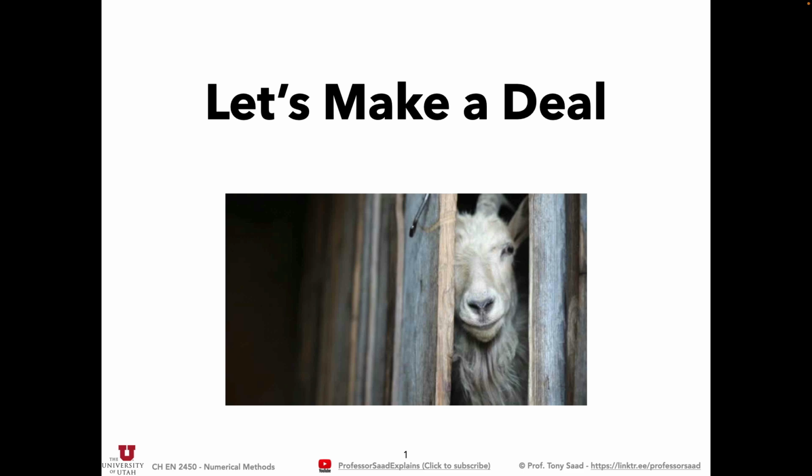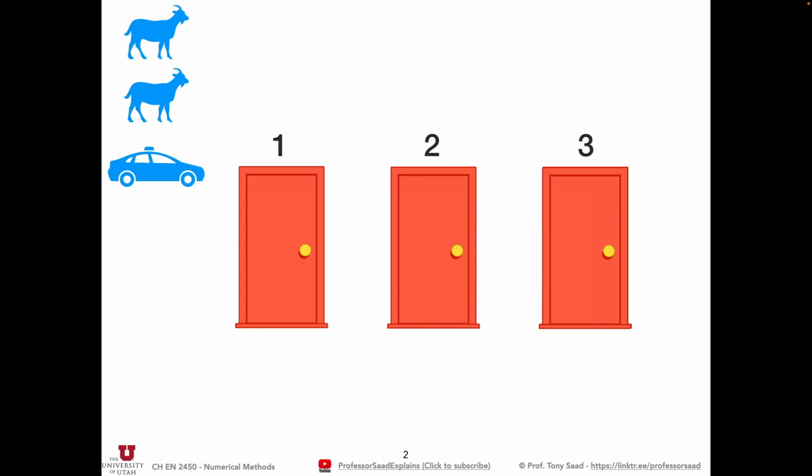Let's make a deal. I'm going to present you with this problem, and we're going to come back to it in a minute. Here's the situation. I have 3 doors, and I only know what's behind those doors. There's one car behind them, the car of your dreams.